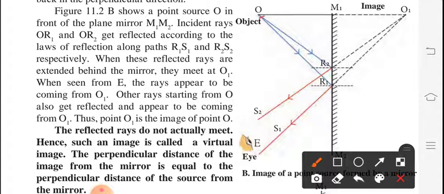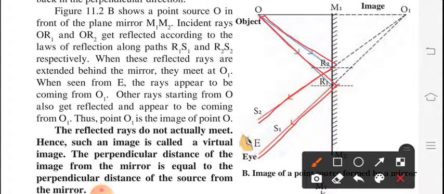O is the object, and the rays are coming from the object, OR1 and OR2, and whatever reflection is happening, those reflected rays are R2S2 and R1S1.